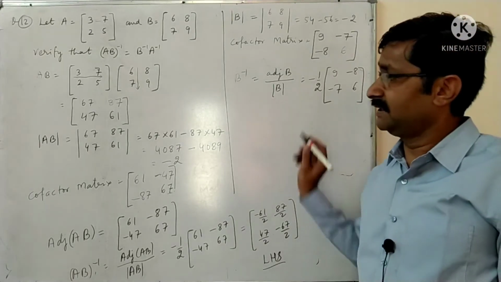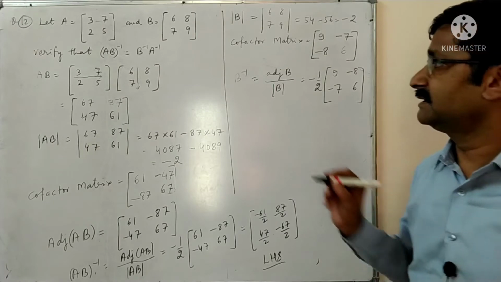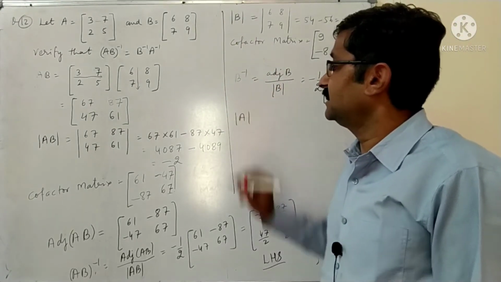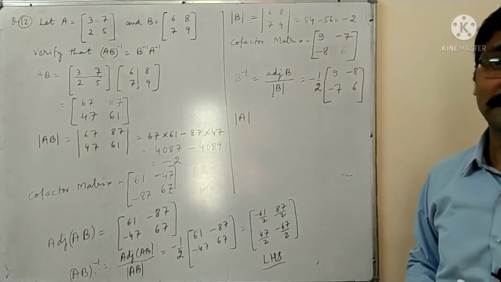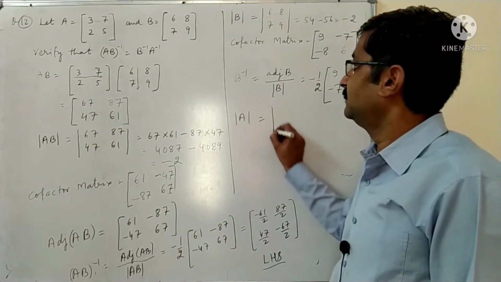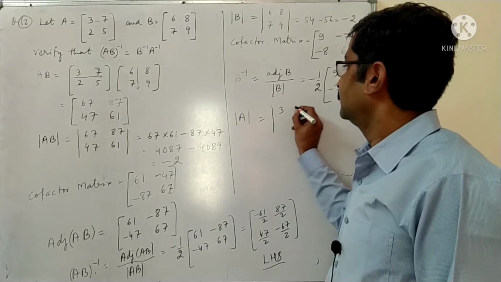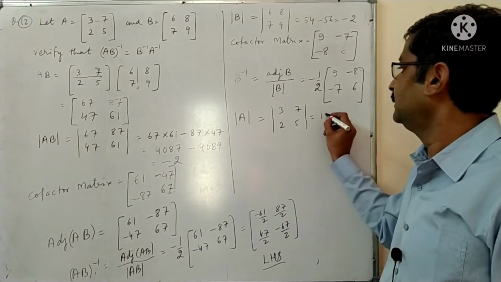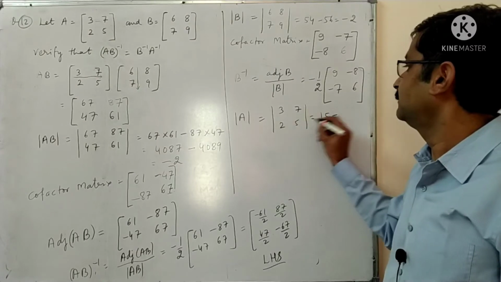Look here, you can write it as it is. Now you find A inverse in the same way. For this we have to find the A determinant. A determinant is equal to 3, 7, 2 and 5. You solve this: 3 into 5 is 15 and minus 7 into 2 is 14.